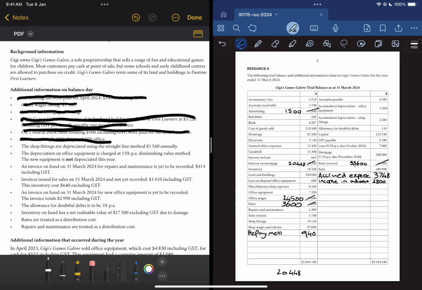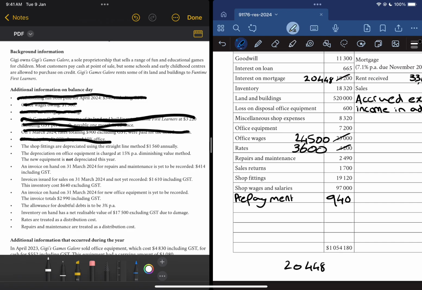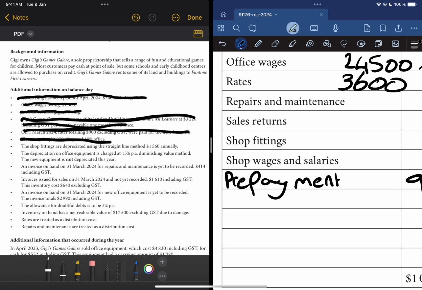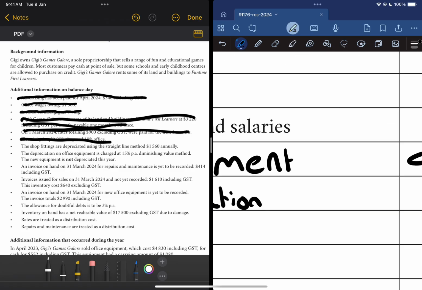So I go through all this in the fundamentals video, but remembering here, guys, for depreciation, we're going to create an account which is going to be an expense, which is depreciation. And this is for shop fittings, so we'll see if we can squeeze it in there.